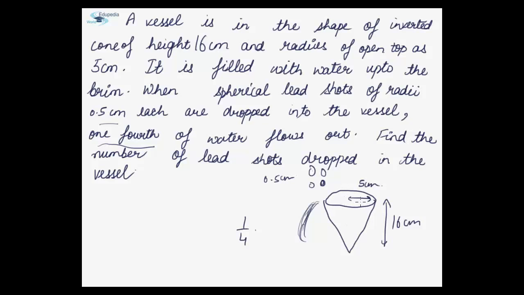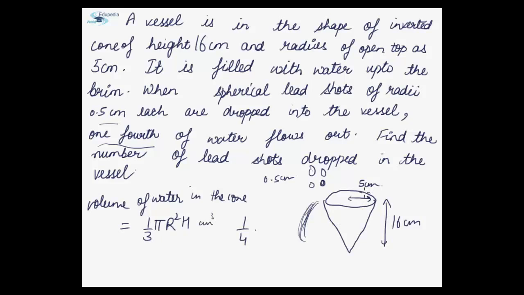Now since it is filled up to the brim, the volume of water inside the cone is the total volume of this cone. That is, volume of water in the cone is equal to 1/3 pi r square h, which is the volume of this cone, centimeter cubes, because units are centimeters.